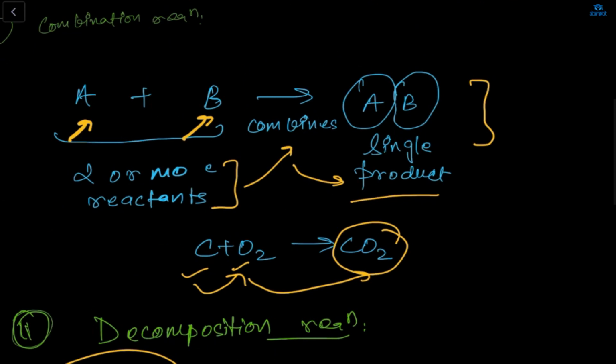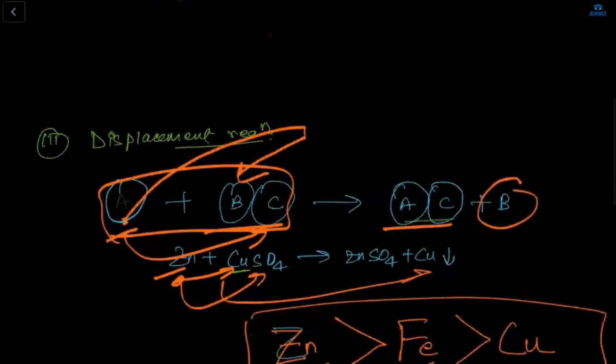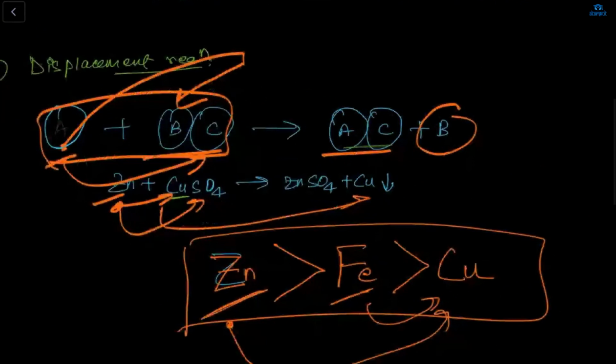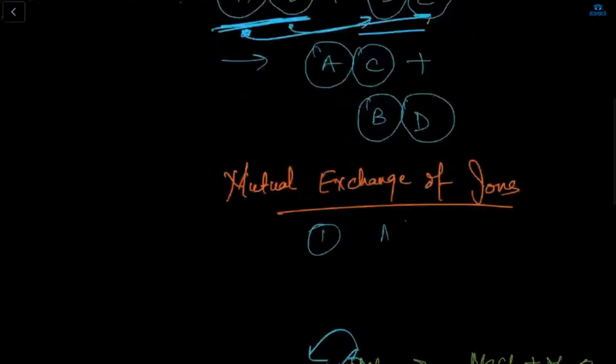Yes, where a single reactant is getting decomposed into two or more products, right? Yes. Now, the displacement reaction means one thing is getting displaced with the help of this series: the element which is more reactive will displace the less reactive. This is the double displacement reaction.